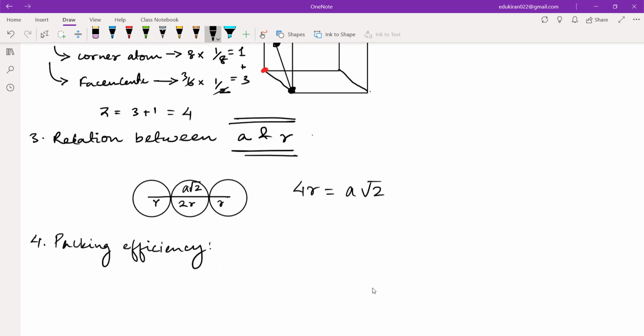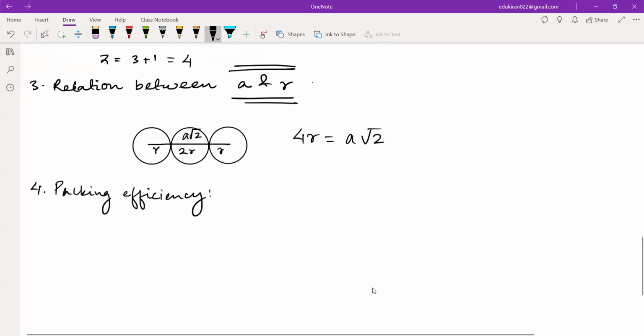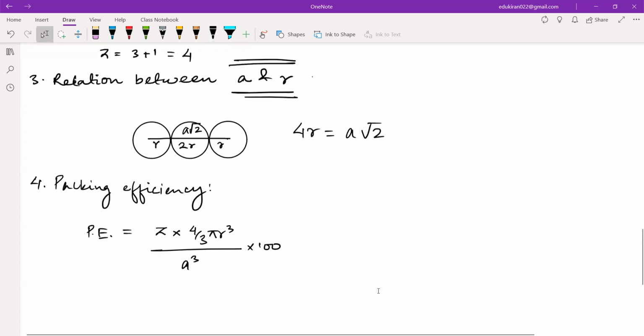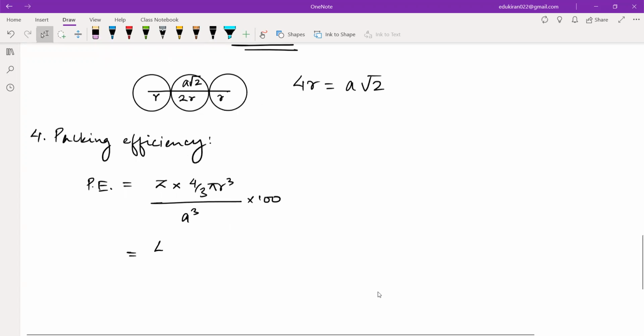Packing efficiency. Okay. So packing efficiency will be equal to Z into the volume occupied by one atom, because it is a sphere, that is 4/3 pi r cube, divided by a cube, into 100. So what is the value of Z? 4 into 4/3 pi r cube divided by a cube.